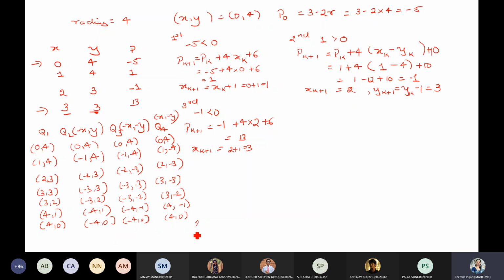Okay, is it clear? Any doubt so far? So we have done almost 4 algorithms: midpoint and Bresenham line drawing algorithm, midpoint and Bresenham circle drawing algorithm. And we have solved a few problems based on that.